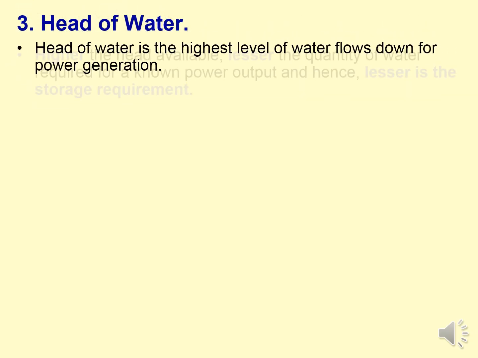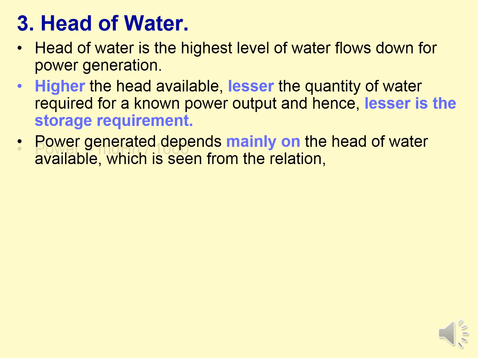So, head of water, I said, PE is equal to mgh. What I have said is written here, mghη divided by 1000. So head of water is the highest level from which water flows down to the power generation. Higher the head available, lesser the quantity of water required for a known power output, hence lesser is the storage requirement.